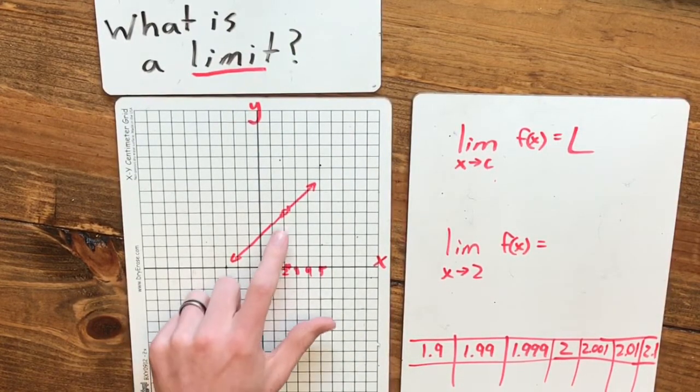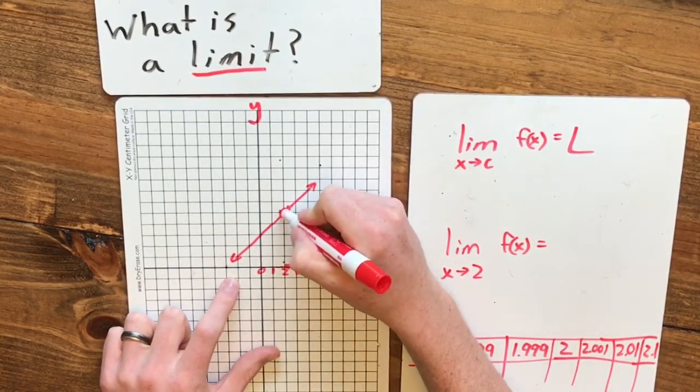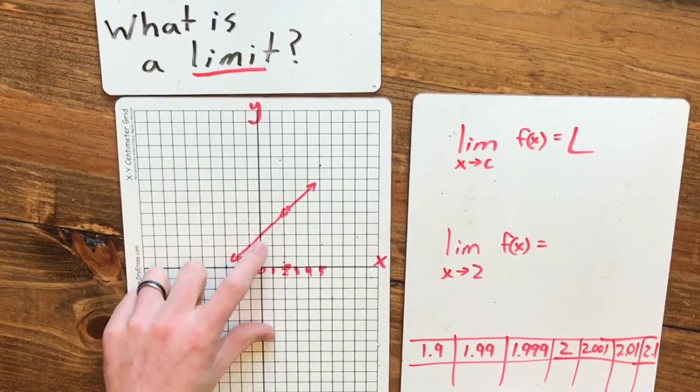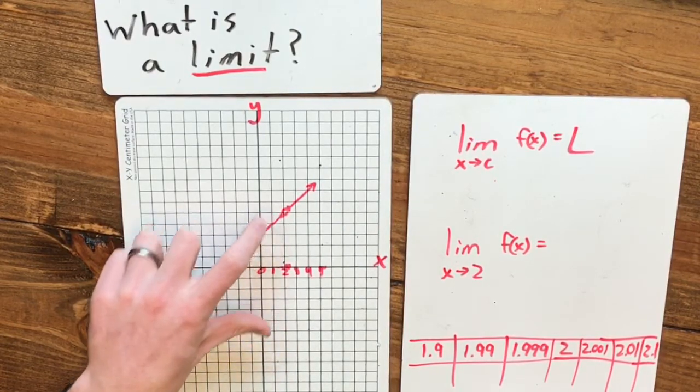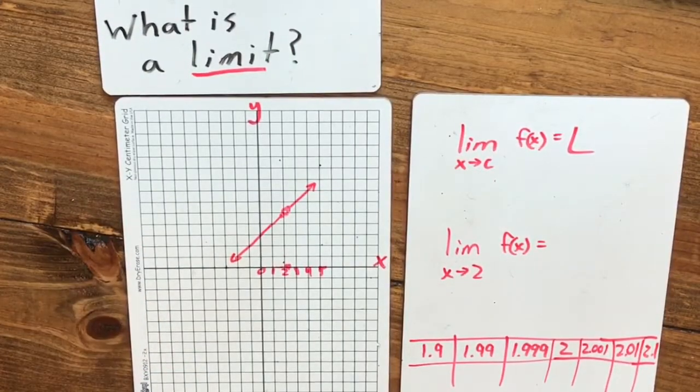And it turns out that we're getting things really, really close to this output, even though there's a hole right here. This output of 1, 2, 3, 4, 5. We're getting really, really close to 5. Even though there's a hole right there, we're getting things like 4.99 on this direction, and probably things like 5.001 over here.